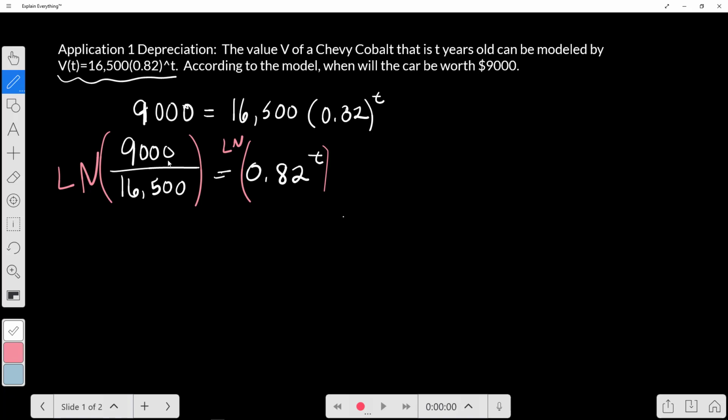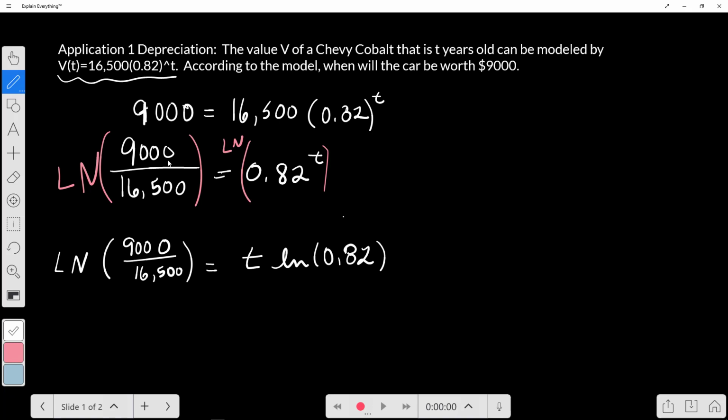And when I do this, this becomes ln of 9,000. I didn't do steps as far as getting values along the way. And then this piece over here, of course, you bring the t down: t times ln of 0.82.